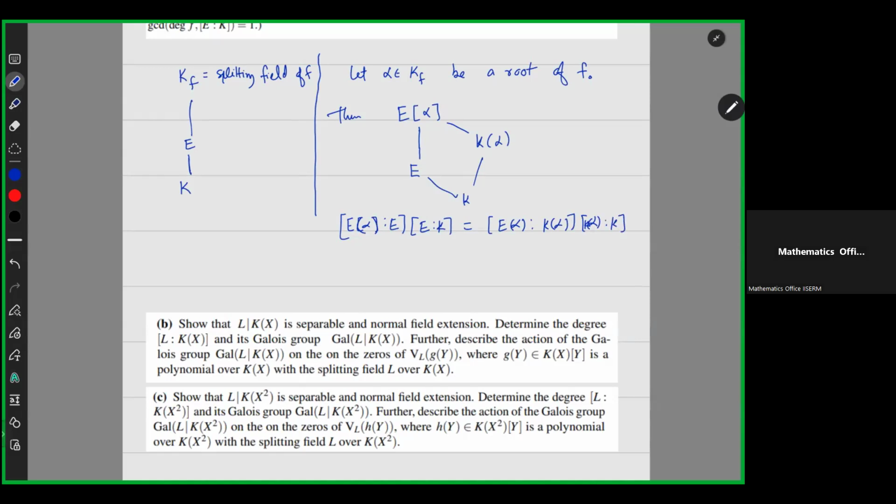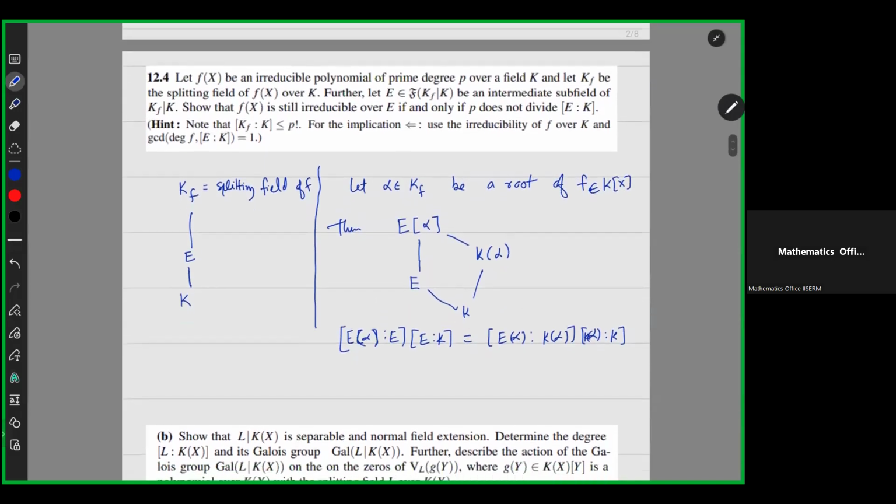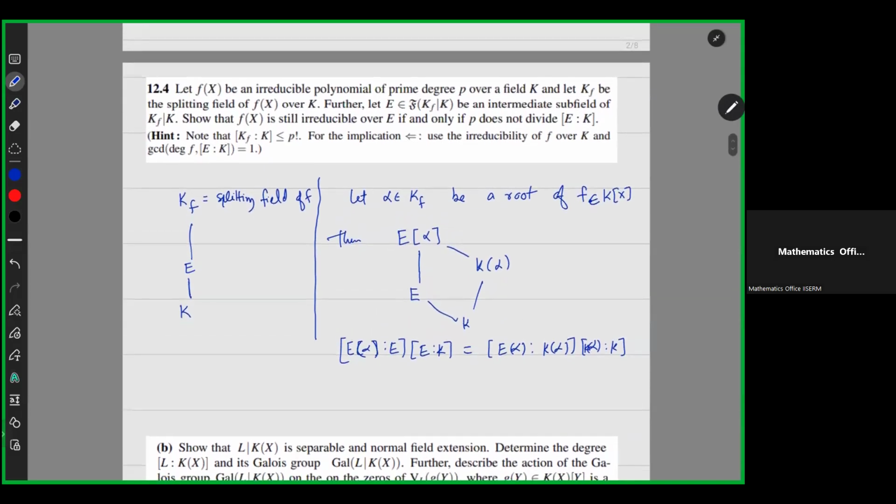Right? Because F is in K[x], F belongs to K[x]. And what about if F is irreducible, and yeah, F is irreducible and of prime degree. So what should be this degree? This is degree P, okay?